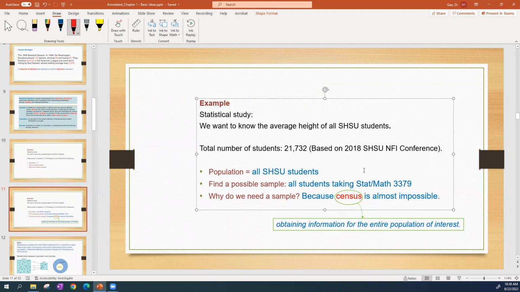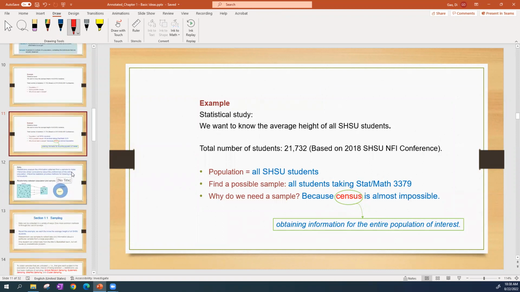There will be issues: some students cannot be reached, some students don't want to share the information, and some students choose to opt out from the survey. There are a lot of reasons why we say census is almost impossible. So then we need to collect a sample and let the sample information represent the population information.